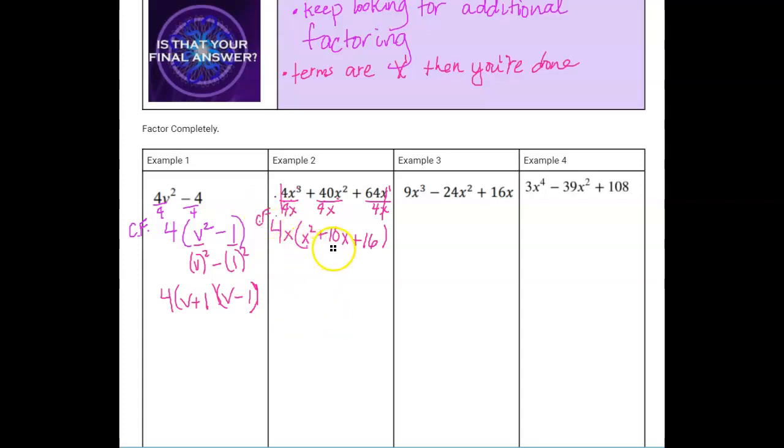Then I have 1, 2, 3 terms, which was the trinomial, the AC method. So I've got A times C, and I'm just going to do it here. I need the factors of 16 that can give me 10. So I've got 4 times 4. That'll give me 8. 8 times 2. If I add, that'll give me 10. And we're going to split up the x's. So we're going to write x squared. I have my 8x next. 2x plus 16.